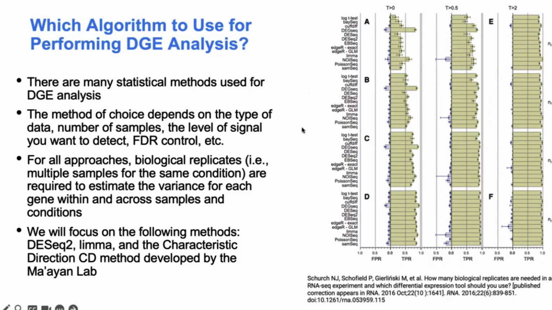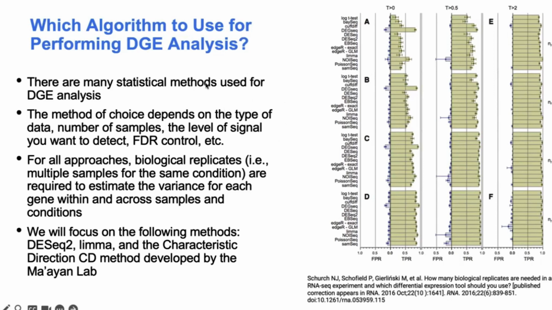So one of the main differences, at least between each of these DGE algorithms, is that they each make slightly different assumptions about the underlying data. So for example, a log t-test is going to assume that the log counts follow a normal distribution, whereas DESeq2, like I mentioned, I think this was covered last week, assumes the counts follow a negative binomial distribution.